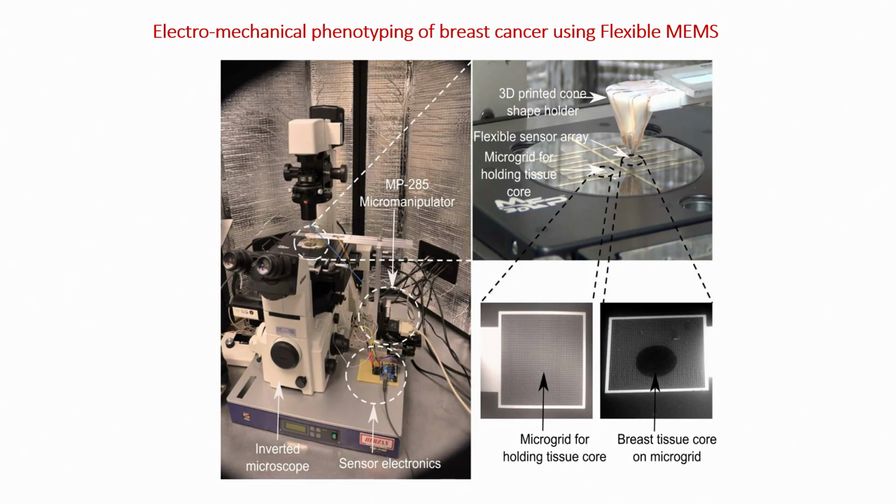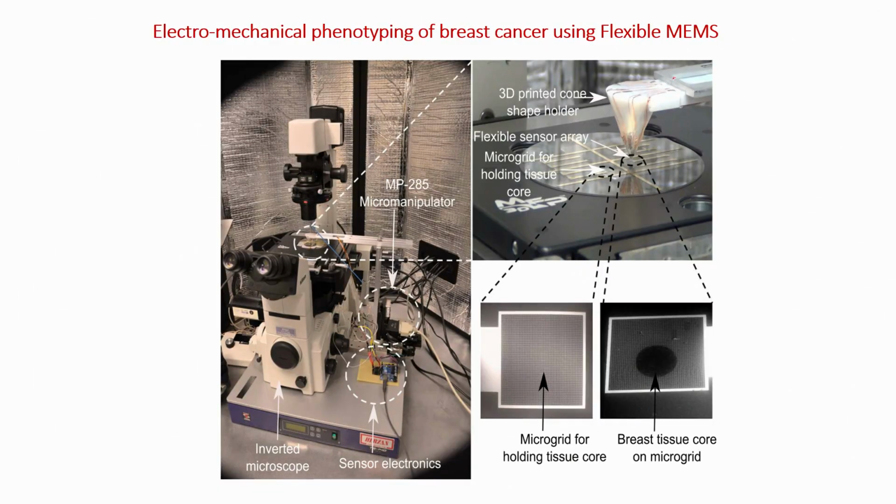So, how are we now delineating the normal tissues from the cancerous tissue? Okay. For that we have to load the sensor on the 3D printed cone. Why? So that we can indent the tissue. So, let us see on the screen what we have.